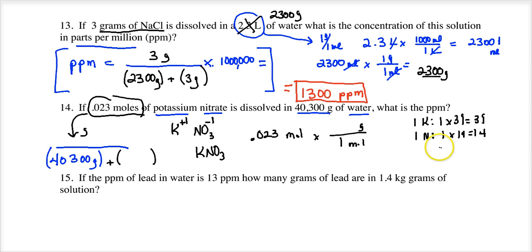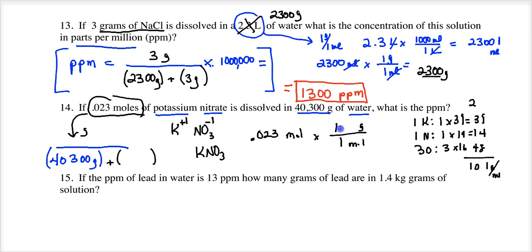Then I have 3 oxygens, 3 moles of oxygen in 1 mole of potassium nitrate. So 3 times 16 is 48. Add these together: 39 plus 14 plus 48 is 101 grams per mole, approximately.